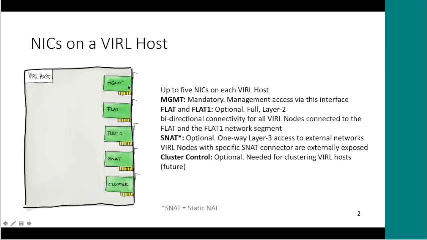We have our management, which is pretty self-explanatory. We need that for connectivity to our VIRL VM. And then we have our flat and flat 1. Those are the two that we're going to focus on. We're not going to talk about the other network interfaces as, for our conversation, they're not necessary. So again, flat and flat 1.